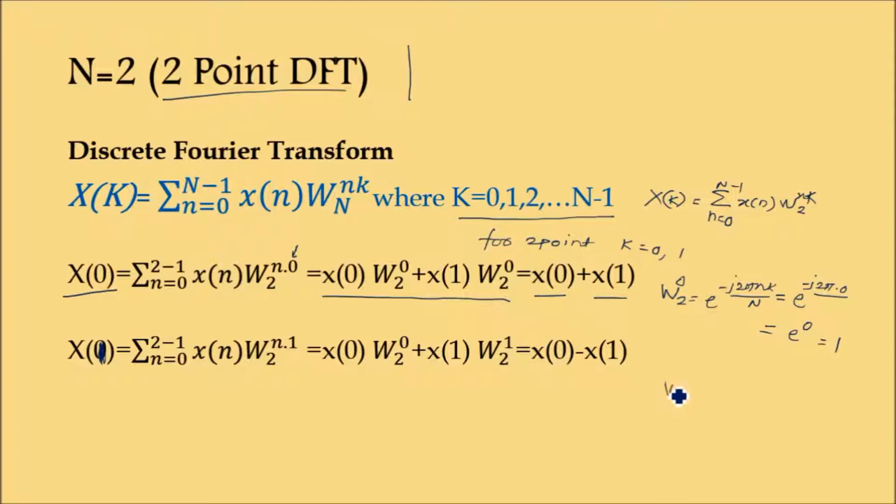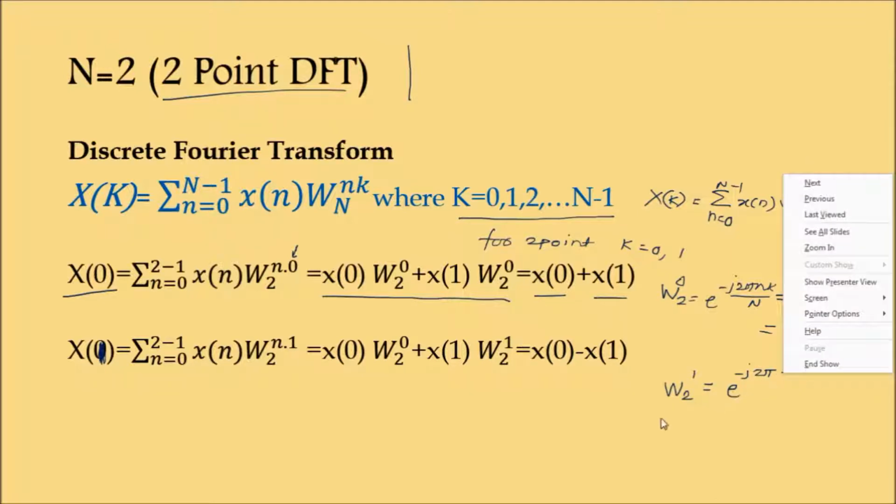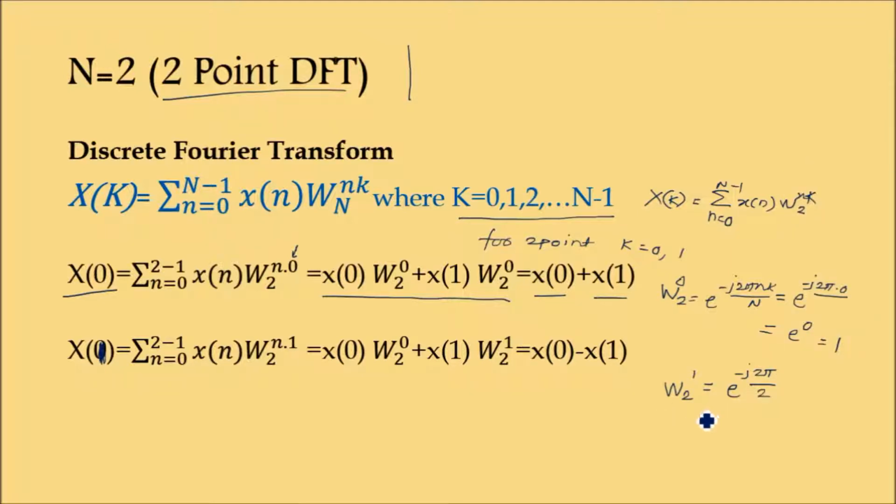If you calculate W_2 raised to 1, it is e raised to minus j 2 pi, with n value equal to 1 into 1, divided by 2, so it is e raised to minus j pi, which is equal to minus 1.